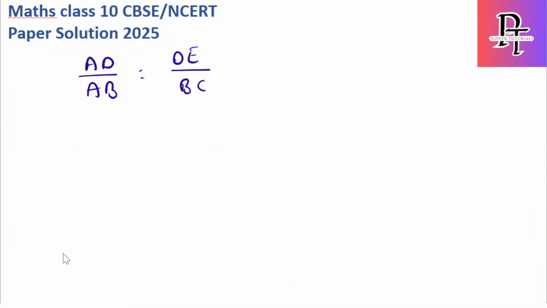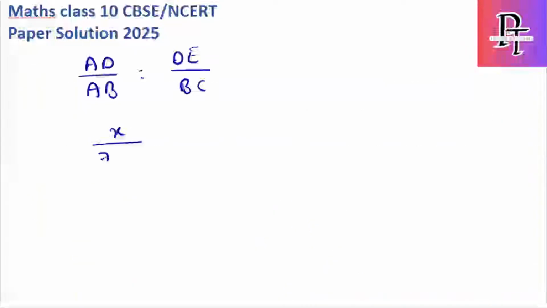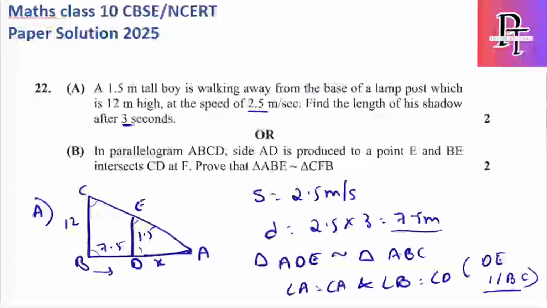So what is AD? AD is x. What about AB? AB is 7.5 plus x. What about DE? DE is 1.5, and BC is 12.